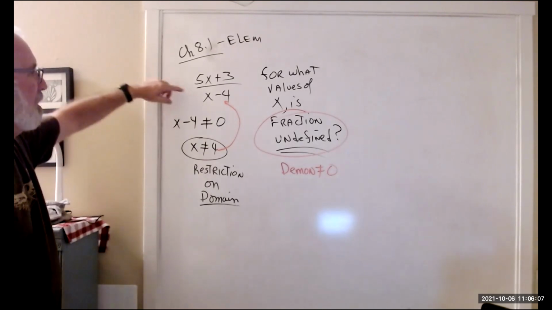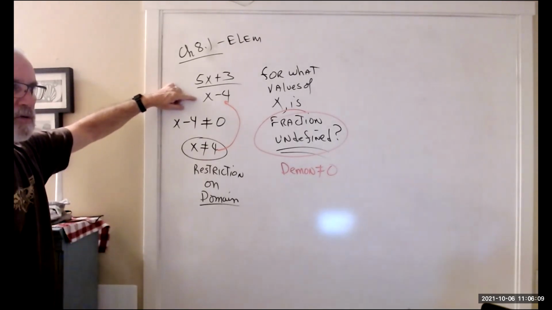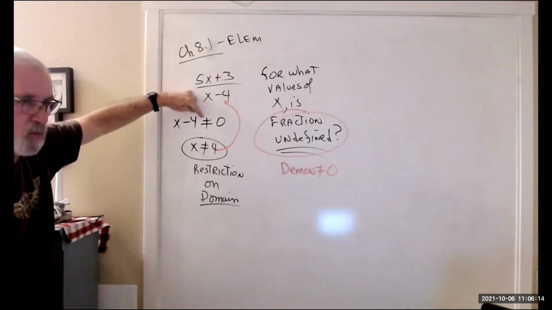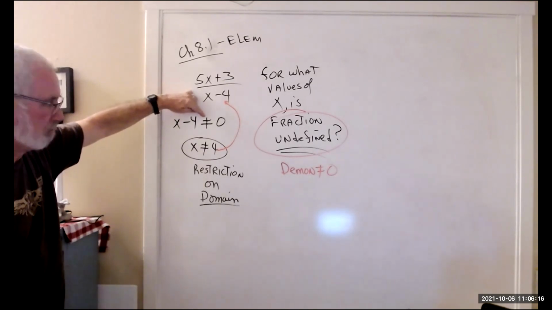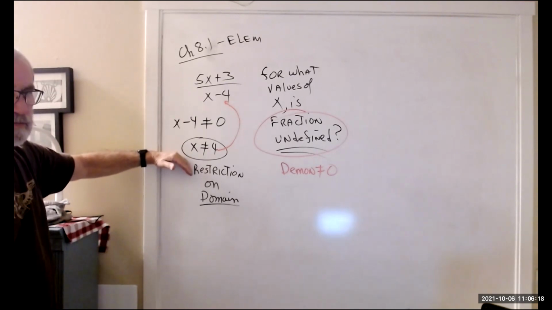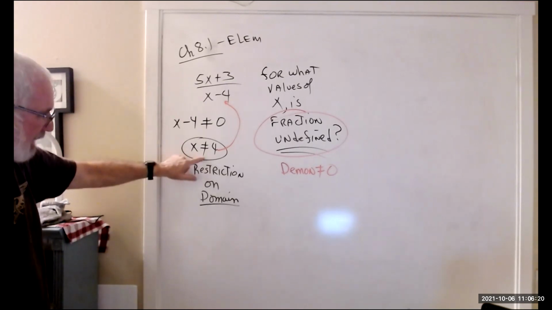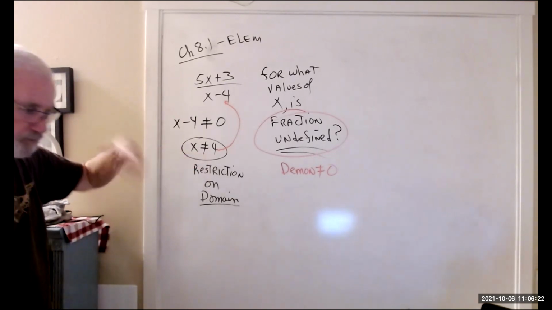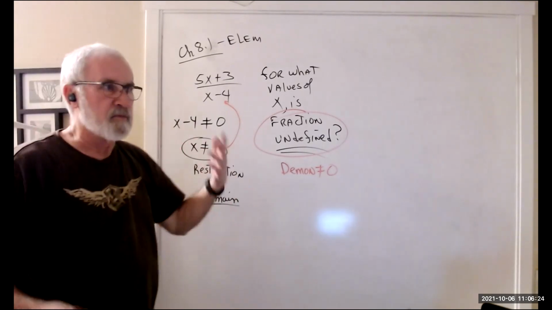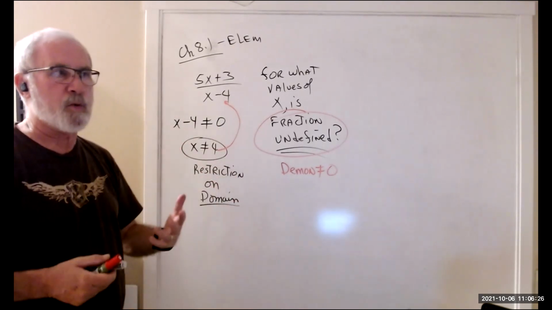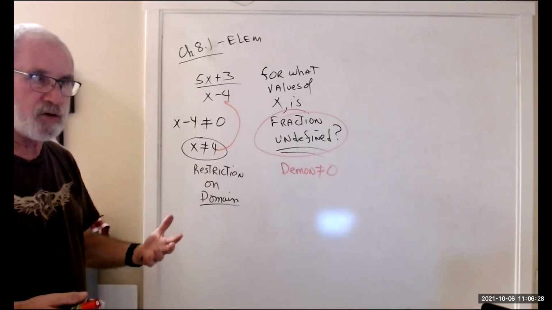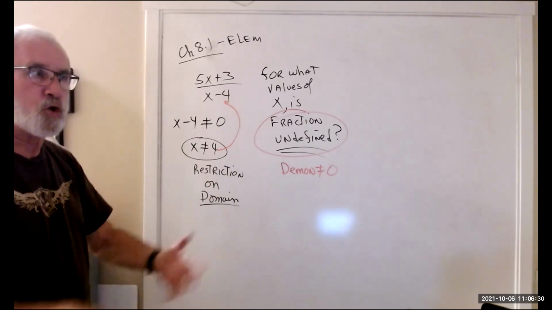How do you do it? You take the denominator and you say the denominator cannot be worth 0. And you solve that problem. And that answer is called your restriction. Think about when you were a teenager and you were put on restriction. Okay, you couldn't do things.